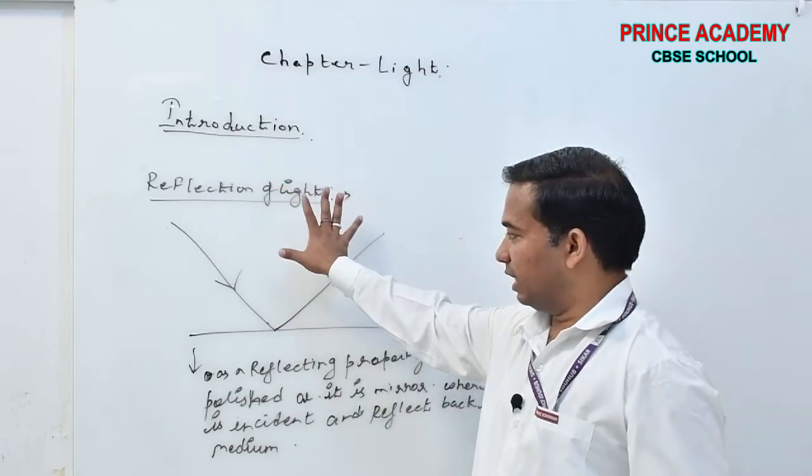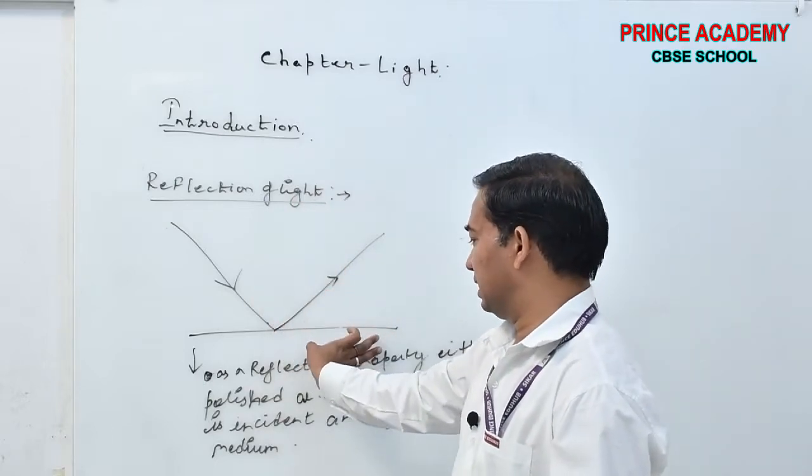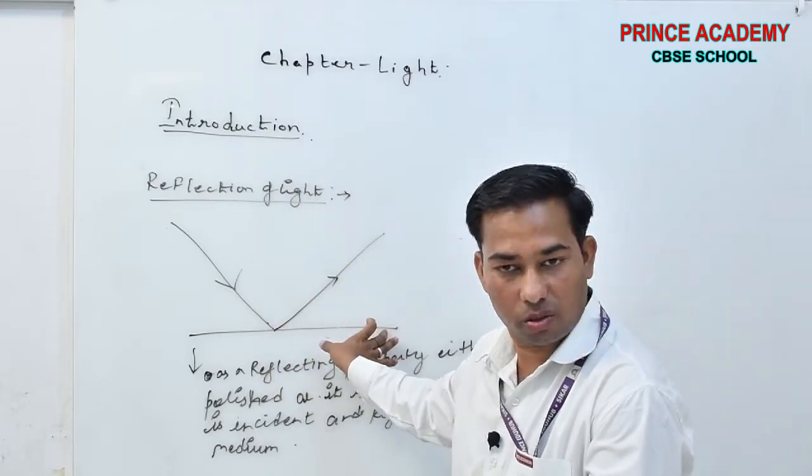Reflection of light is possible when the object where the light is incident has the property to reflect light.